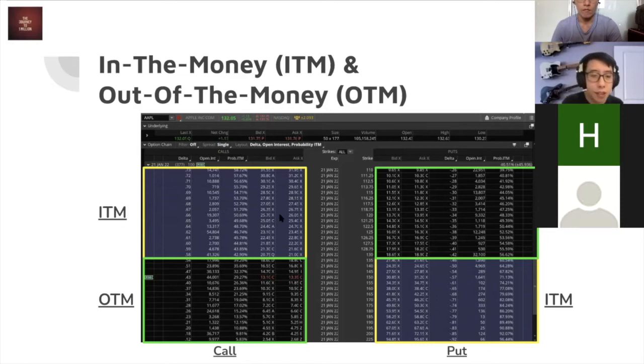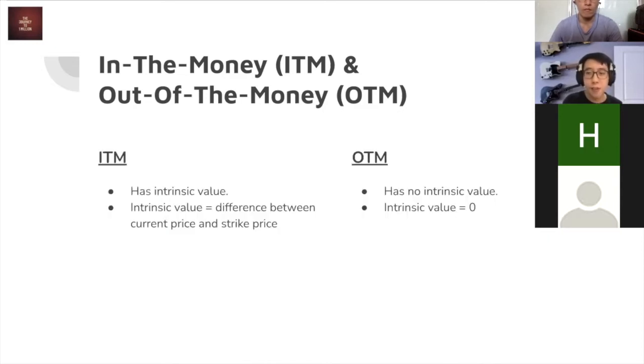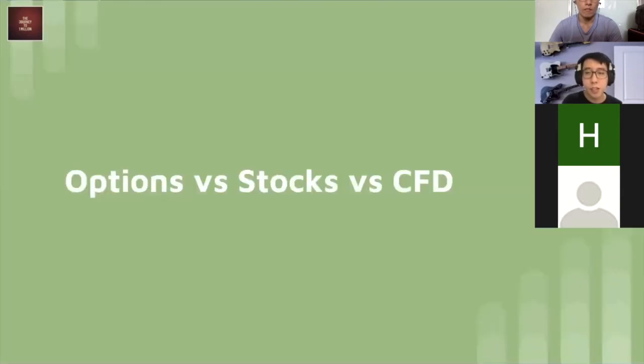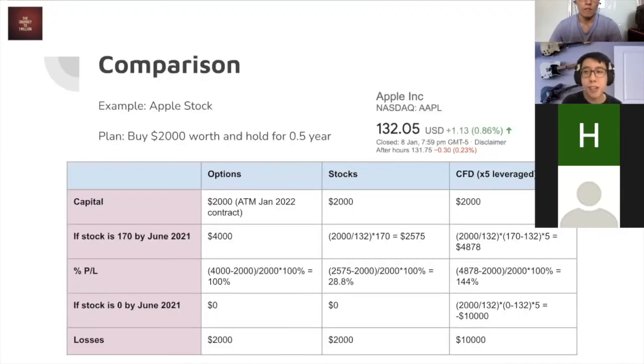And if you go further to the lower strike price, the delta is actually 1. It means that for every $1 of movement, your option's value also moves $1. That is why it is going up exponentially.